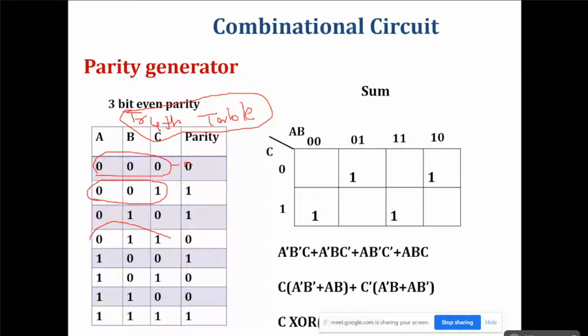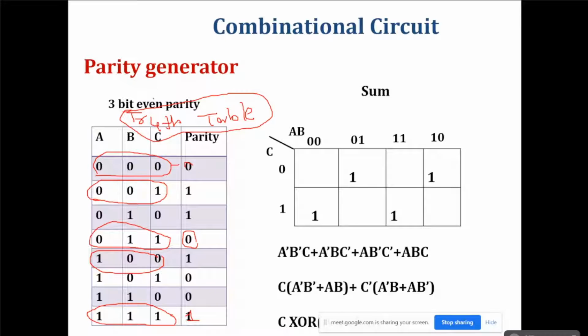For the next combination, it is 0 1 1. So again an even number of ones are here, so we don't need the parity bit 1, we need parity bit 0. For the next combination, it is 1 0 0, 1, and so on. For the last combination, which is 1 1 1, an odd number of ones are here, so to make it even we need to append 1, so the parity bit will be 1.